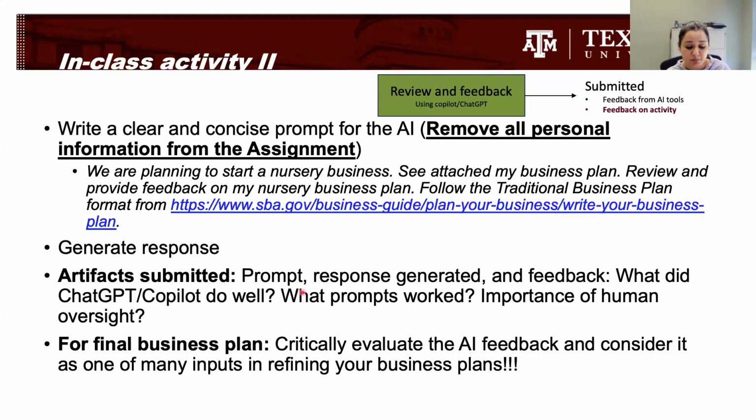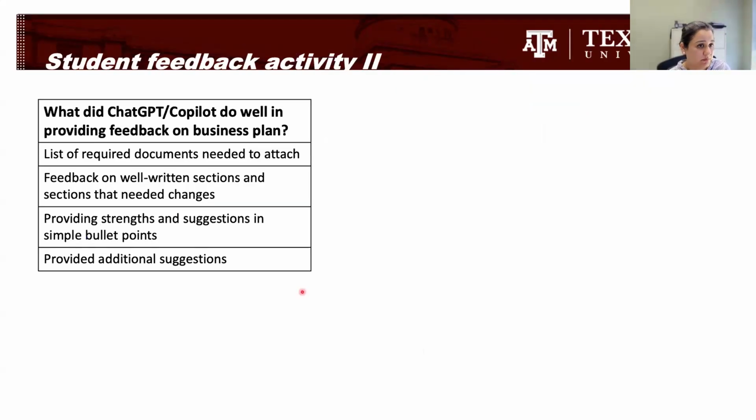For the feedback that I got on the second in-class activity, what did the AI tools do well in providing the feedback on the business plan? It provided a list of documents that they missed or did not adapt. It provided feedback on the sections that were very well written.